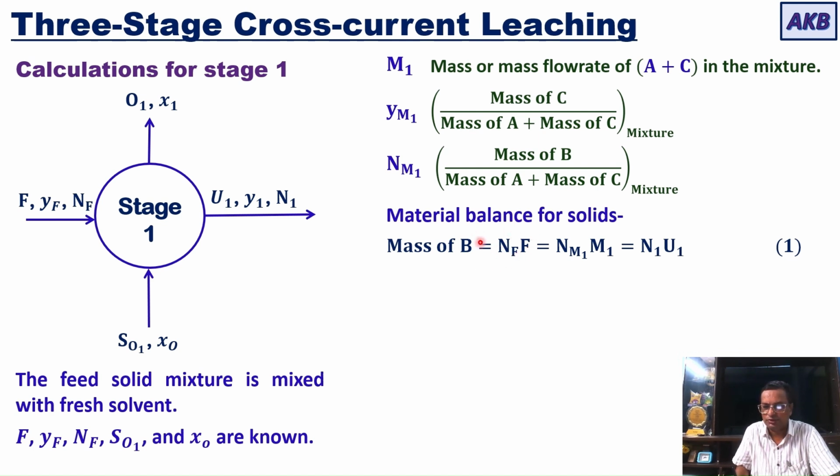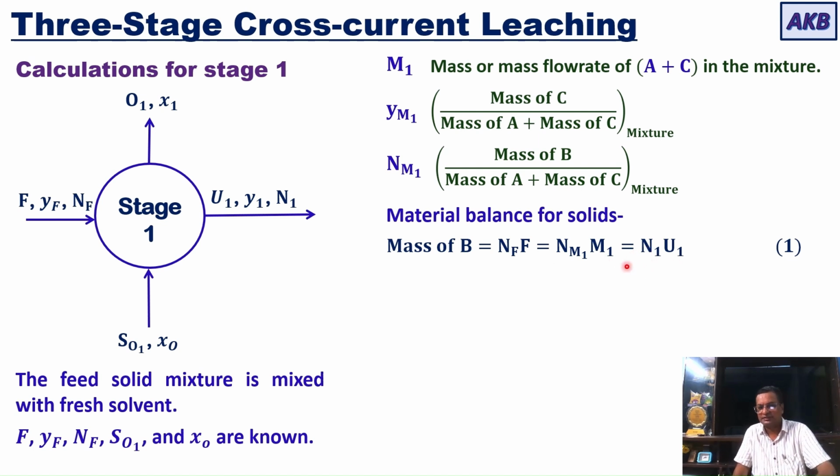That means insoluble solid B will either be present in the feed and then it will go to the mixture and then it will go to the underflow that comes out of stage number 1. So that's why mass of B is equal to NF into F, that is equal to NM1 into M1, that is equal to N1 into U1.